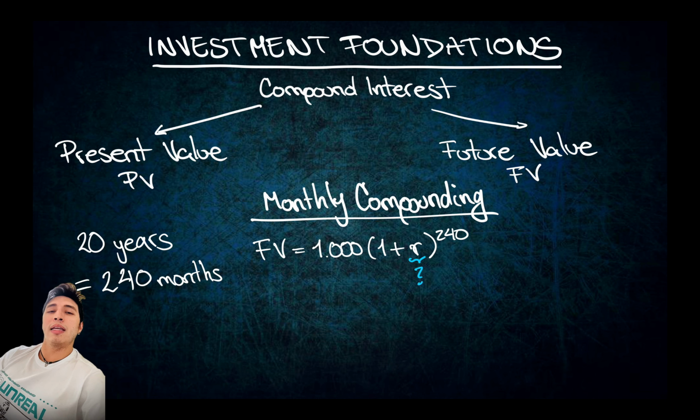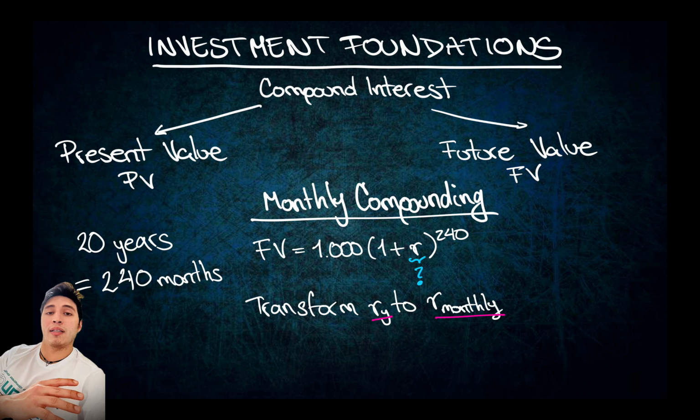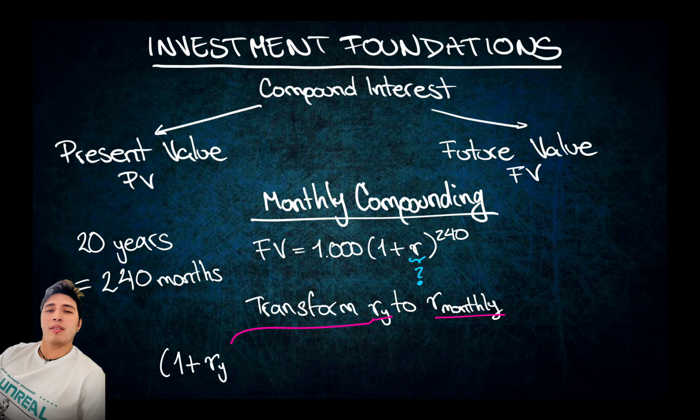So in this case, we need to transform our yearly interest rate into a monthly compounded interest rate. Here is the formula to translate our yearly interest rate into a monthly interest rate. On this side you have 1 plus the yearly interest rate, and this has to be equal to 1 plus the monthly interest rate, to the power of 12.